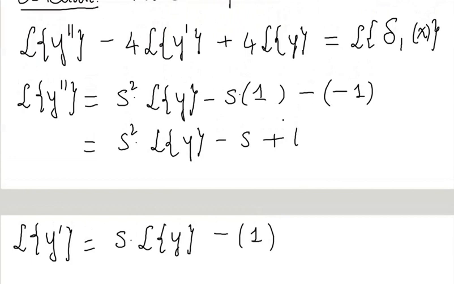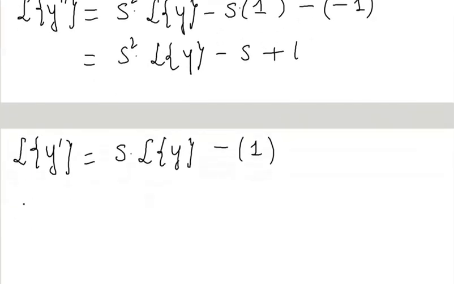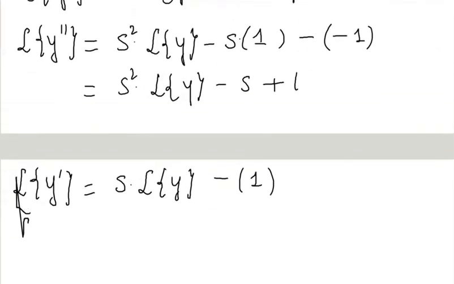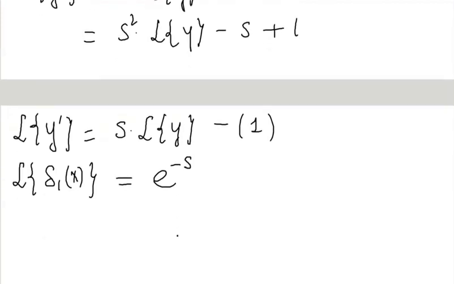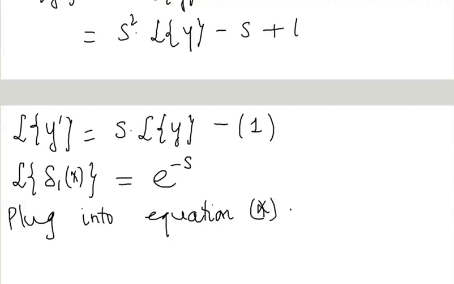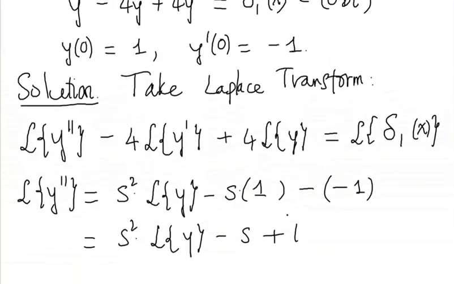And also for the right hand side, we have Laplace transform of delta 1 of x, which is just e to the minus 1 times s, which is e to the minus s here. So we plug into the equation. Normally, I denote this by star, which is here.